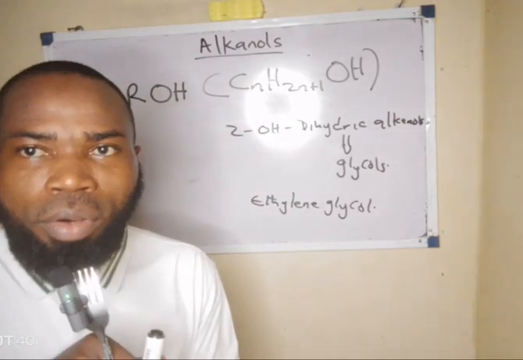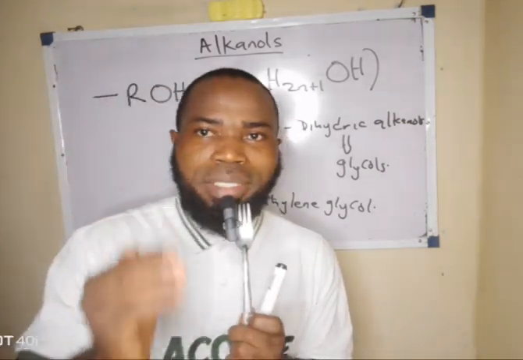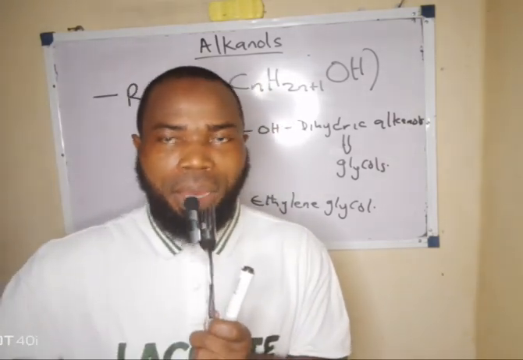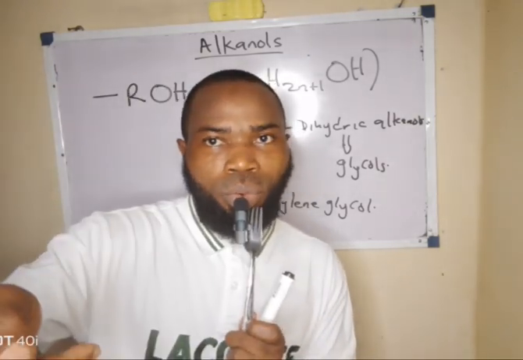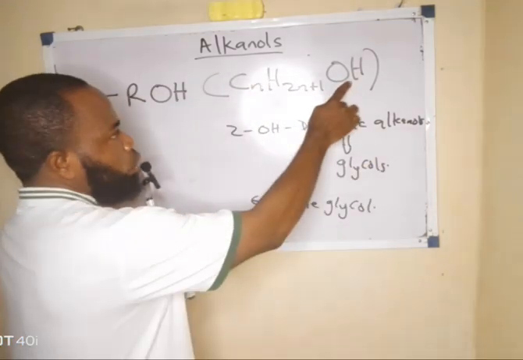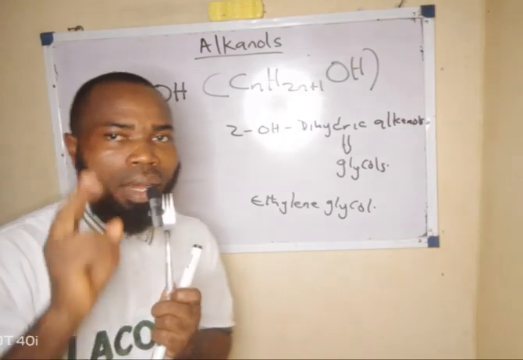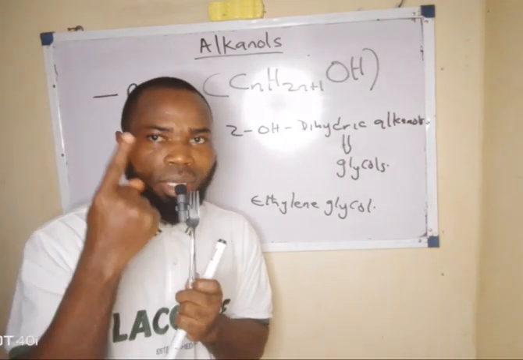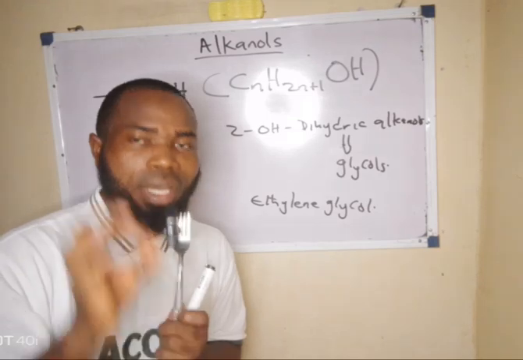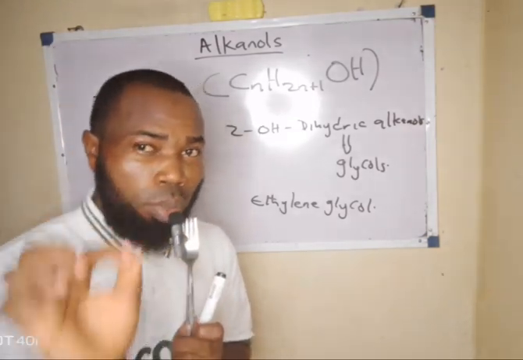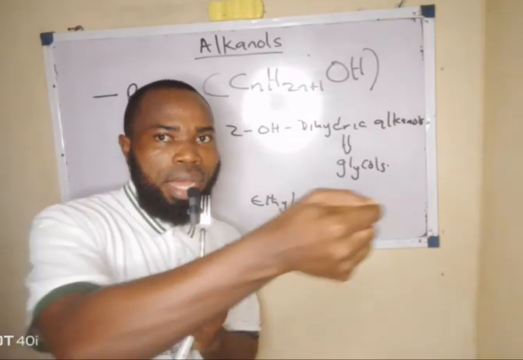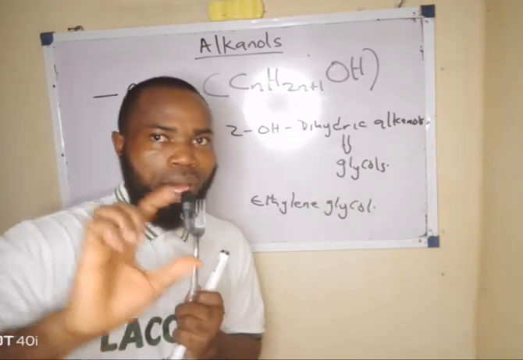Now, the presence of that hydroxyl group in alkanols makes it soluble when compared to its alkane member. That means alkanols are soluble in water because the hydroxyl groups help in the formation of hydrogen bonds. Remember that hydrogen bonds affect two things: boiling point and, of course, solubility of a compound. That means alkanols are soluble and they have a high boiling point when compared to the alkane family because of the hydroxyl group.